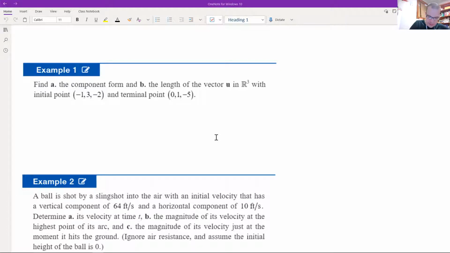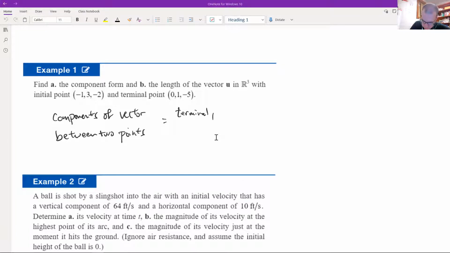And in order to find the components of a vector between 2 points, you just take your terminal point and subtract off your starting point.